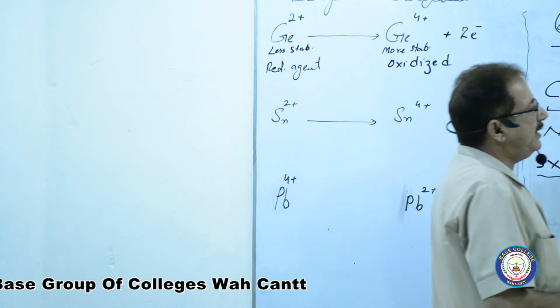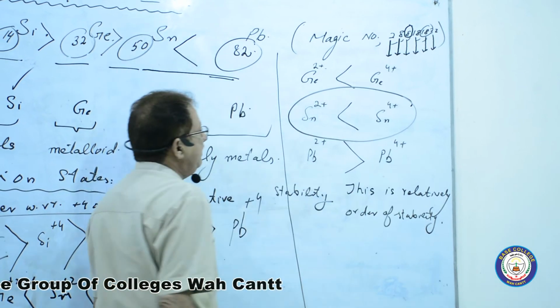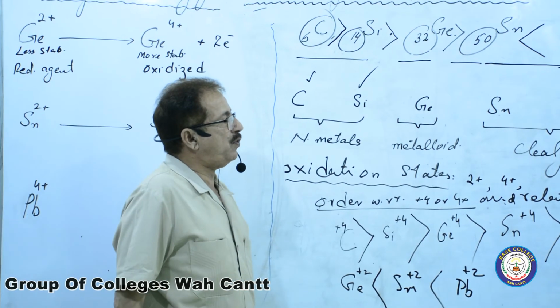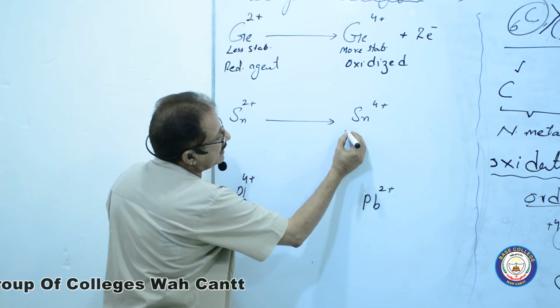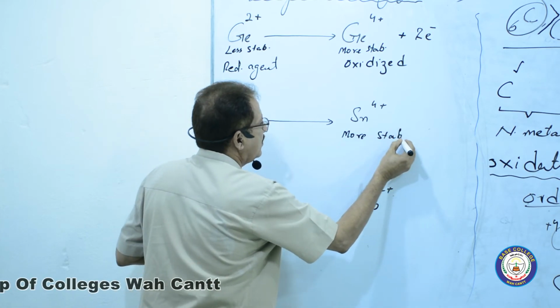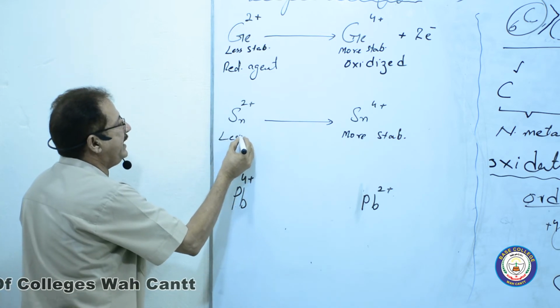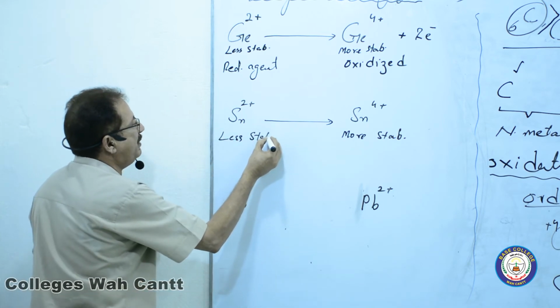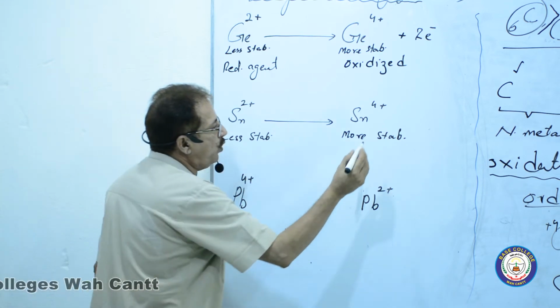Now look at this Sn 2 positive and Sn 4 positive. This Sn 4 positive is more stable. Sn 2 positive is less stable. How has it been changed into more stable?